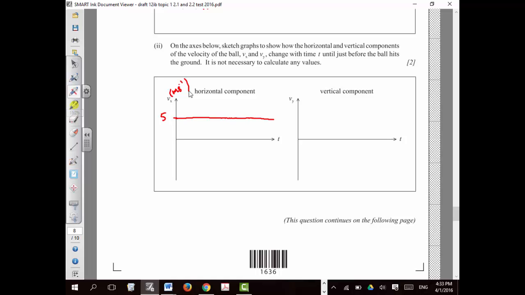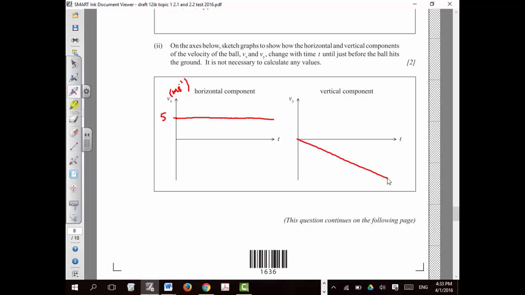You can get the marks without the values. Okay, and then the y velocity, well, we know that it's going to be accelerating downwards at 10 meters per second squared. So the y velocity starts off at 0 because it's going horizontally, so it has no y velocity. It's going to accelerate at a rate of negative 10 meters per second squared, so it's going to go like this.